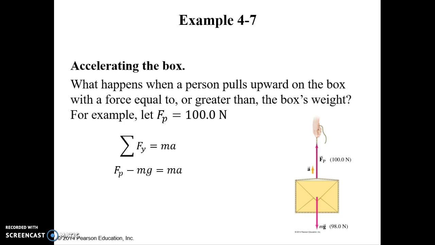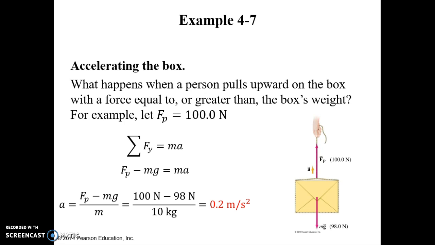For the force vectors on the left-hand side of the equation, we have positive Fp pointing upward and negative weight pointing down, all equaling ma. The equation is rearranged to solve for acceleration. Plug and chug to get 0.2 meters per second squared.